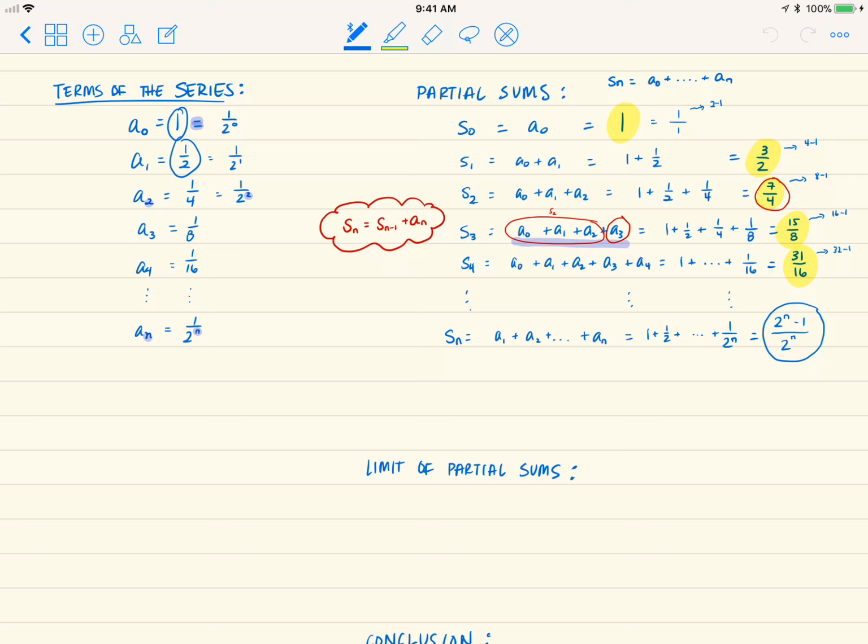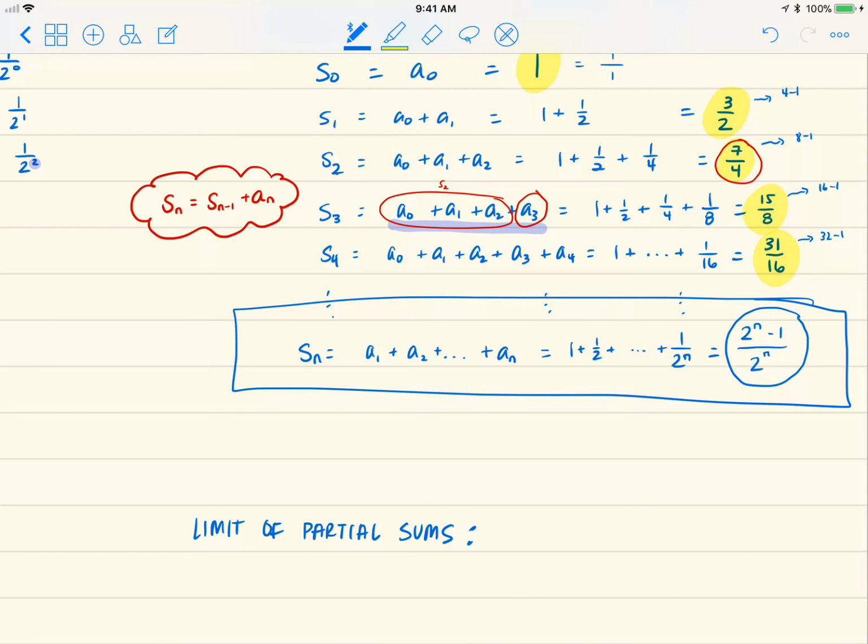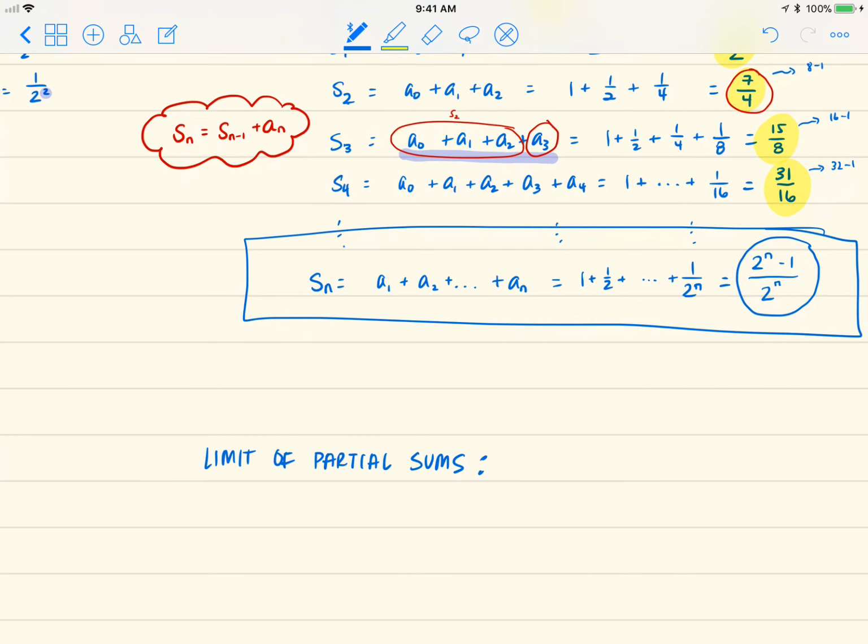So the limit of the partial sum. We figured out that we've got a formula for our nth partial sum, which is 2 to the n minus 1 over 2 to the n. So I need the limit as n goes to infinity of Sn. Limit as n goes to infinity, 2 to the n minus 1 over 2 to the n.